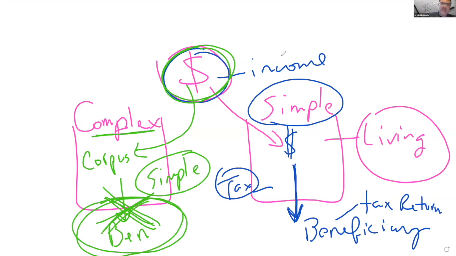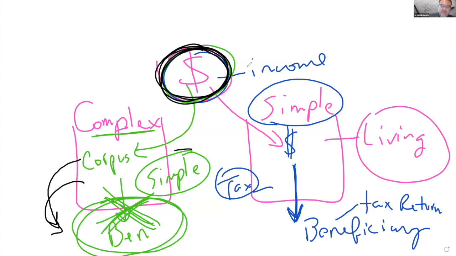Now, what I've learned recently, and had explained a little bit more in depth, is you can distribute, and we all know you have been able to distribute from a complex trust. But you don't want to distribute this. You want to distribute from the corpus. You don't want to distribute from income. If you distribute from income, you use the simple code, and it can cause issues and problems.